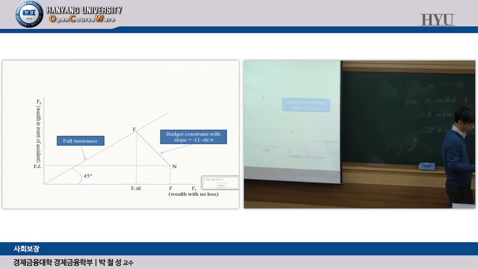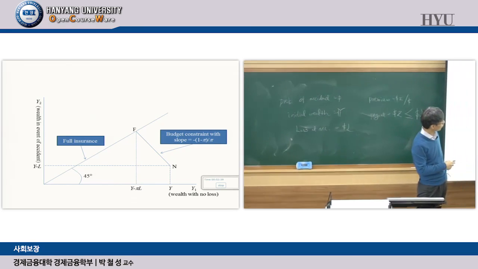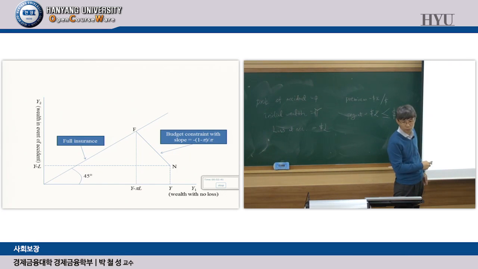The individual's choice is actually in between these two points, F and N. If you pick point F, you are picking full insurance. If you pick N, you're picking no insurance. And then you can choose in between, the percentage of insurance.